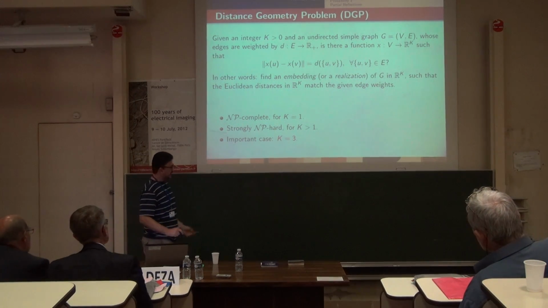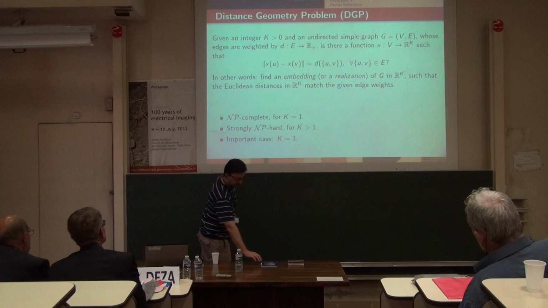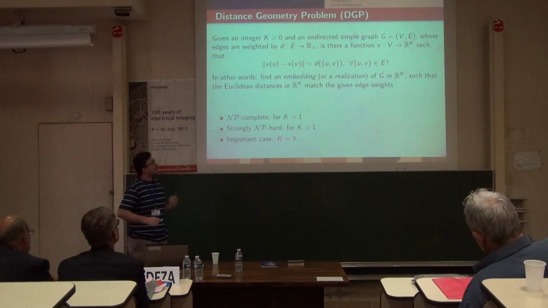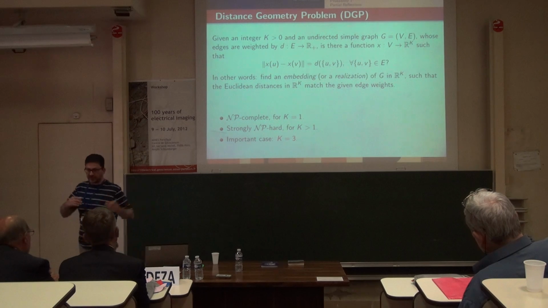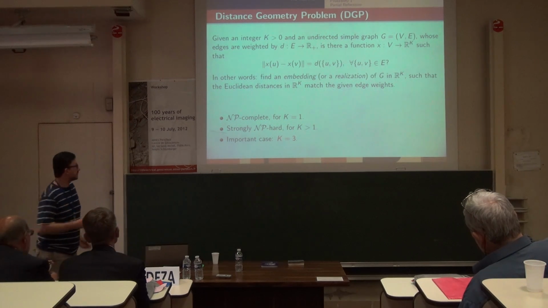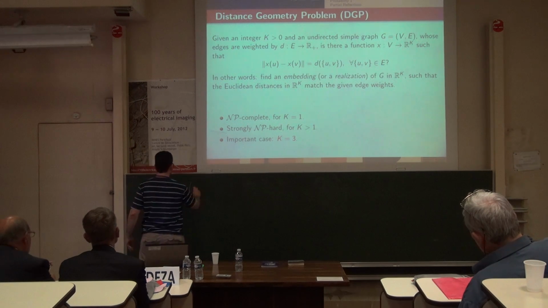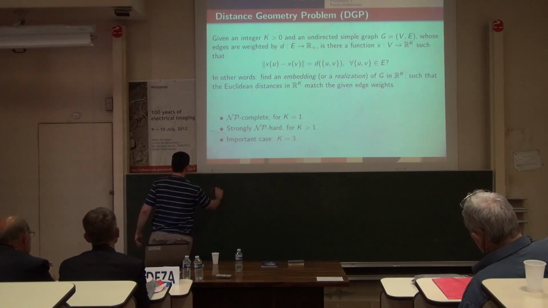In the literature, the main methods to try to find this embedding are continuous methods. This problem can be modeled by a global optimization problem, and one of the most used functions is like this.